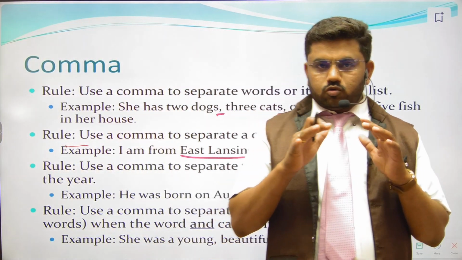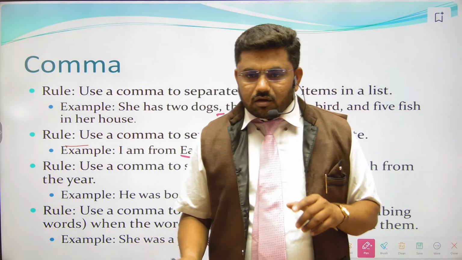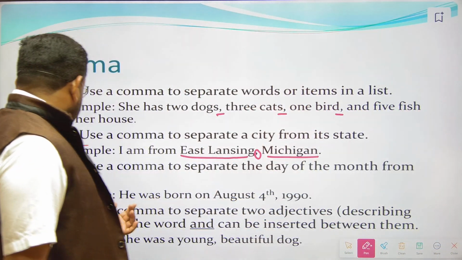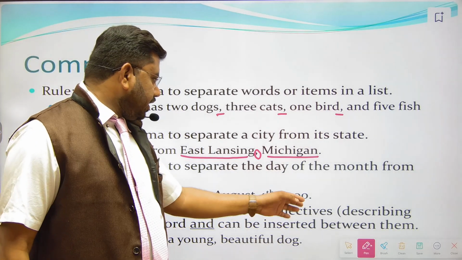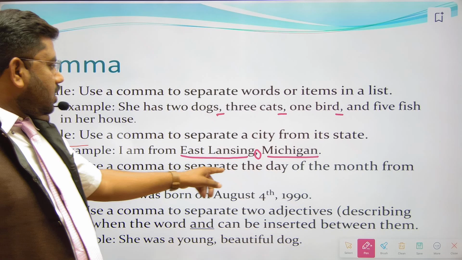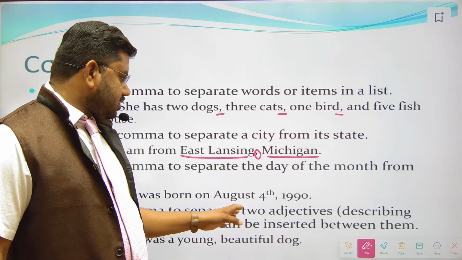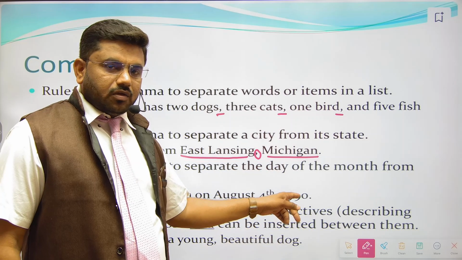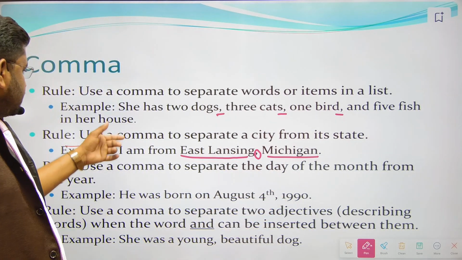If you want to separate the day from the month, at that time we also have to use a comma. He was born on August 4th, 1990. Here is the day, the 4th of August, and 1990, which is separated from the year, and we have put a comma here. These are some rules.